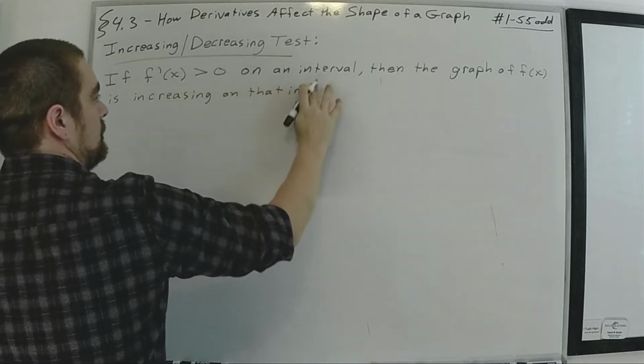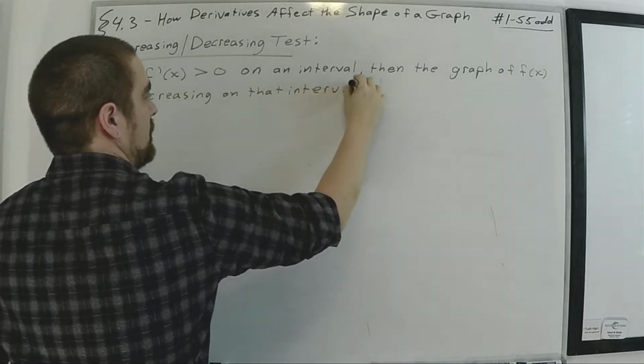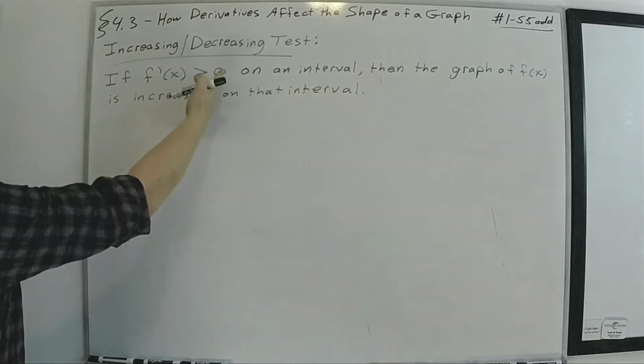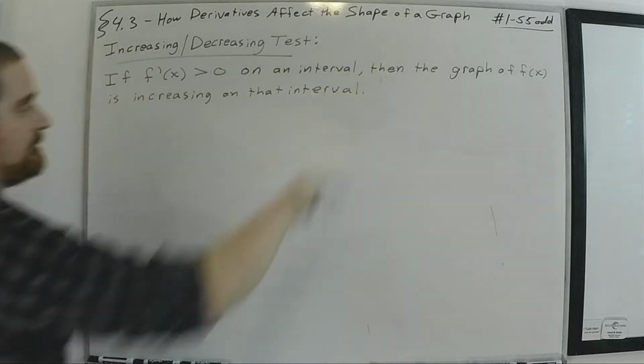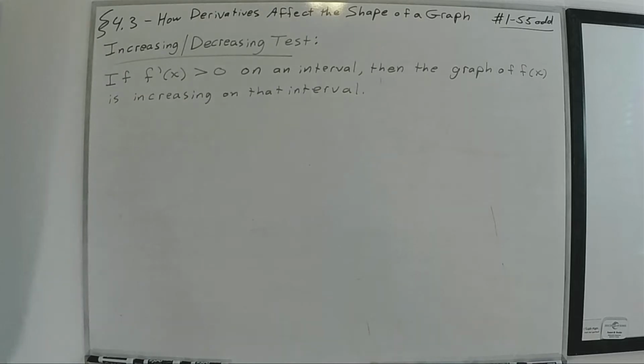Right? Derivative tells us about rate of change. If it's positive rate of change, the graph must be going up, trending upwards, increasing.